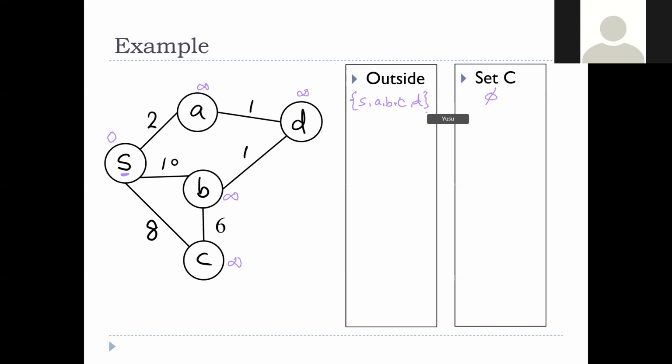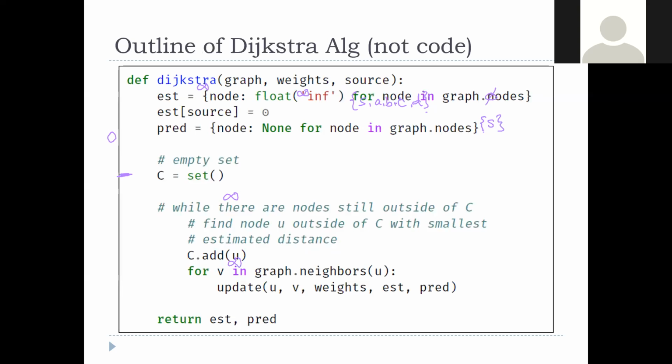Now the algorithm says that from those nodes outside, let's pick one with the smallest shortest path distance estimate. That clearly is S, the source, because that's the only one. And then I need to explore this node, okay? So in the algorithm, now I need to explore its neighbors.